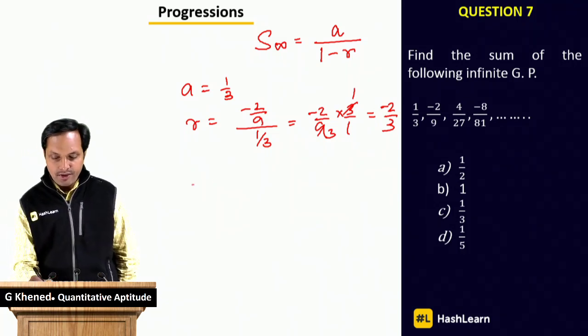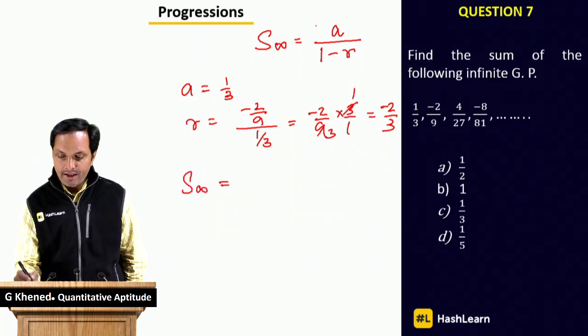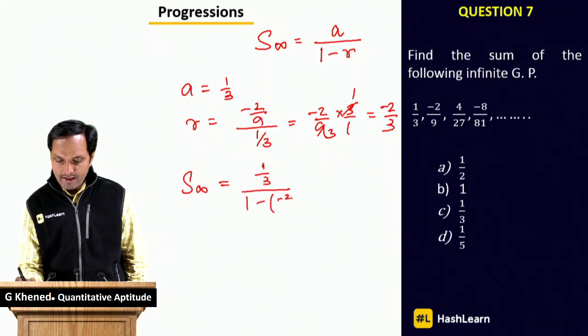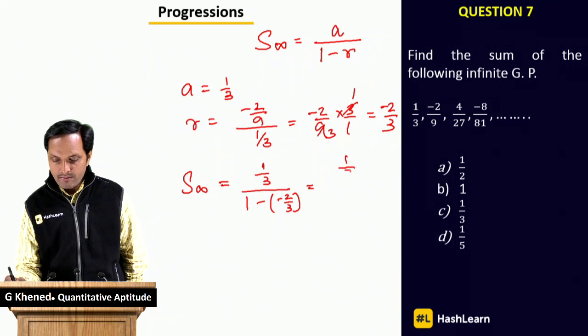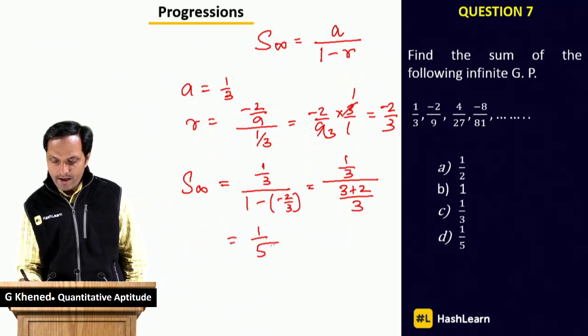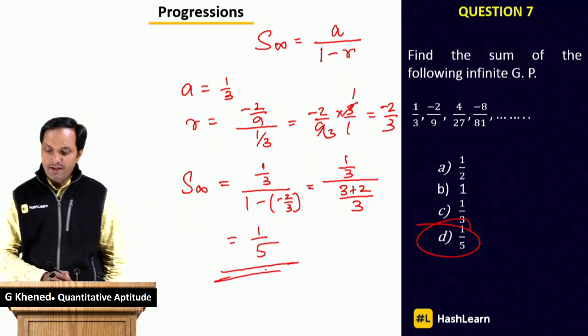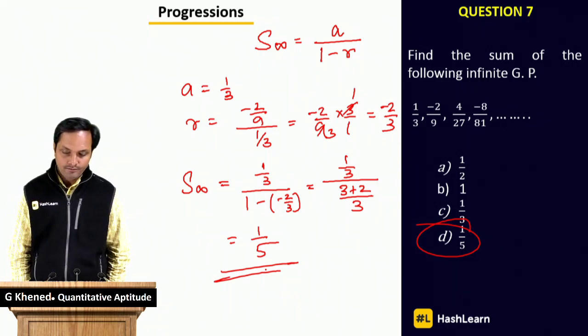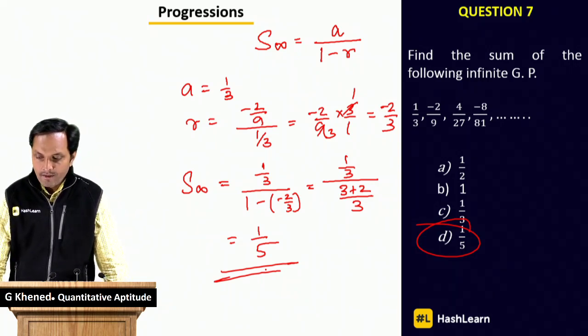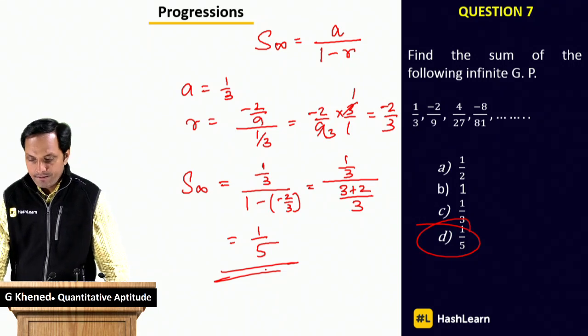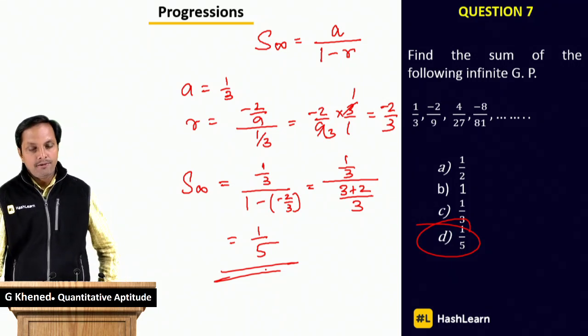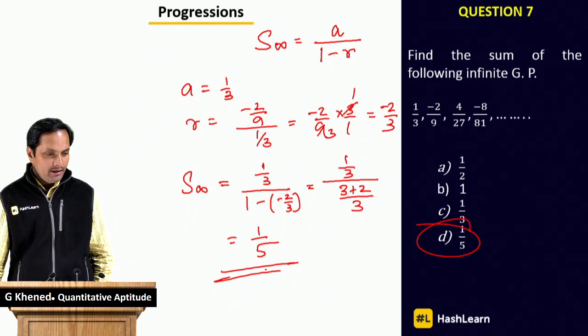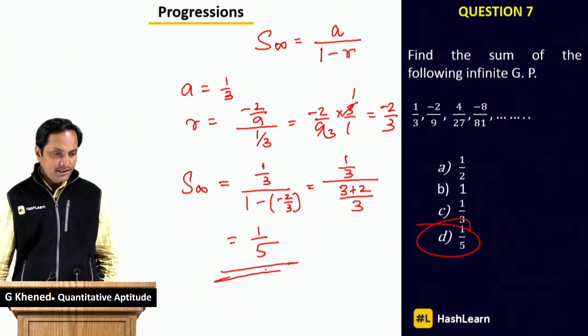Just substitute in the formula of S infinity. a is 1 by 3 and common ratio is minus 2 by 3. That is 1 by 3 whole divided by 3 plus 2 divided by 3. That gives you 1 by 5, which is option D. So it is a direct substitution of the values in the standard formula of S infinity, a by 1 minus r.